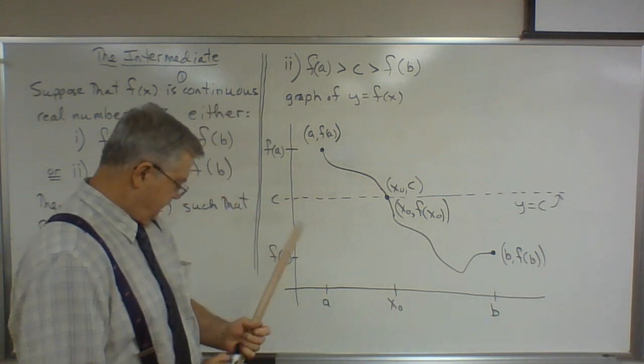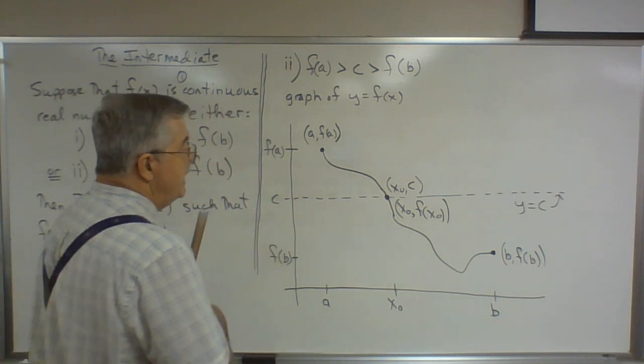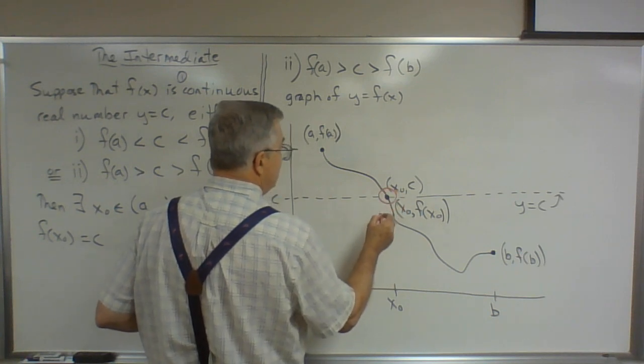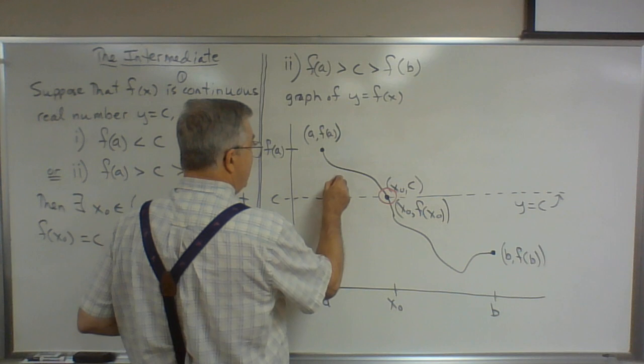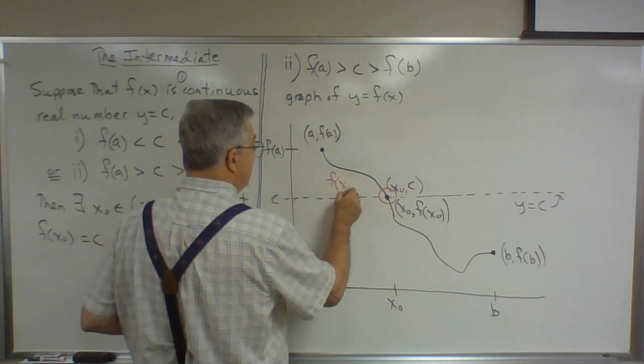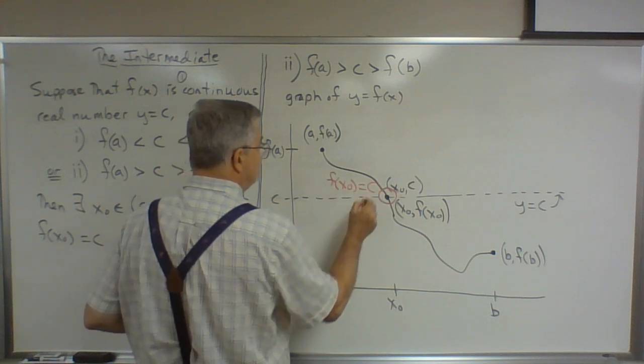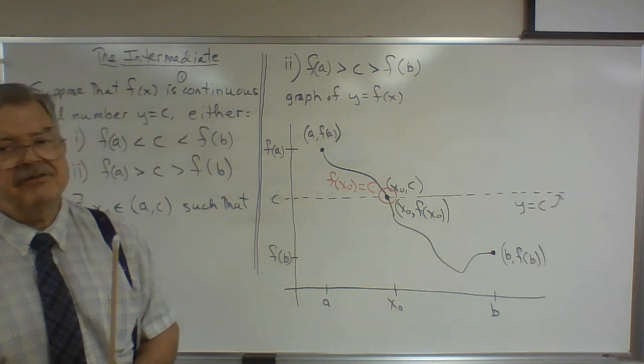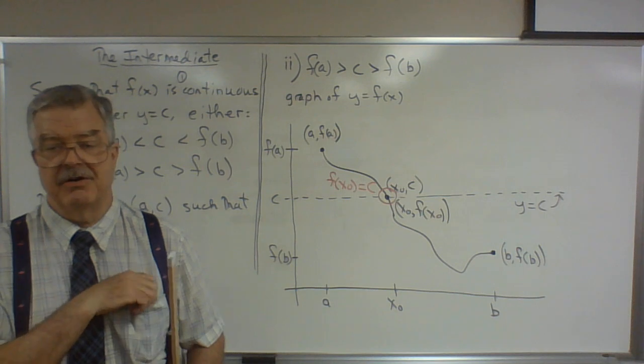So again, right here, we have f of x naught equals c. That's how the intermediate value theorem works.